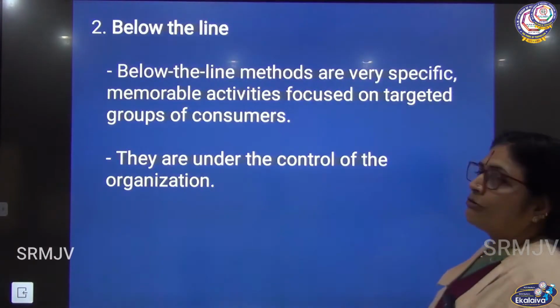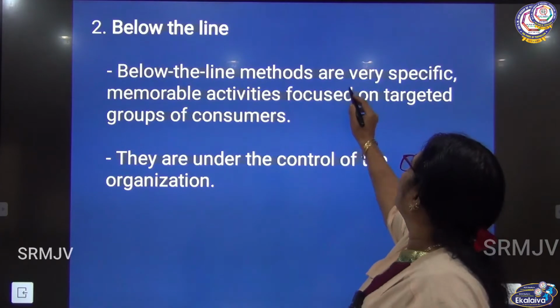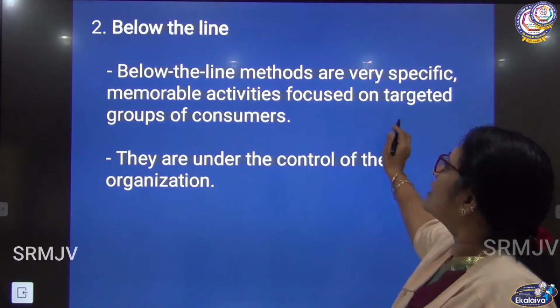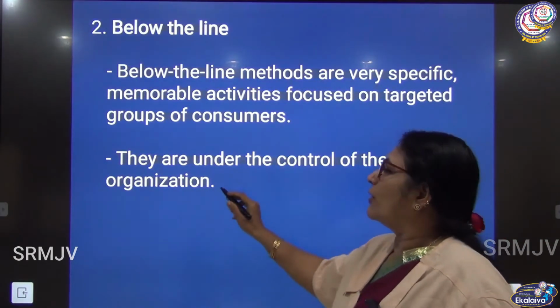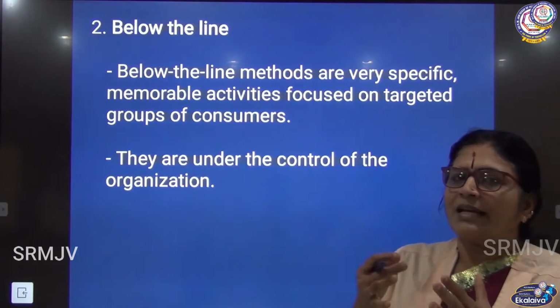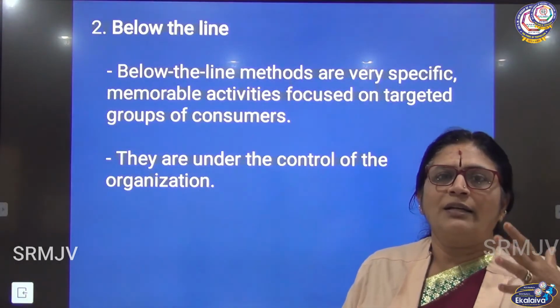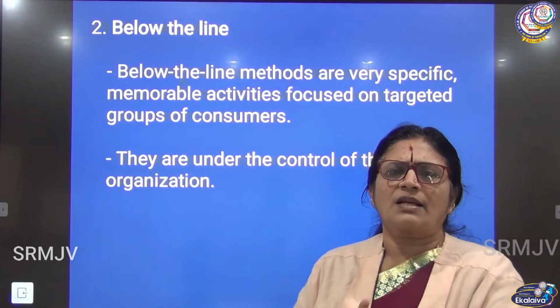Now let us go to the next approach, that is below the line. So below the line methods are very specific, memorable activities focused on a target group of customers. They are under the control of the organization. So for this I can quote an example. You can say Reliance supermarket or Nilgiri supermarket, or there are so many supermarkets now that are coming up.